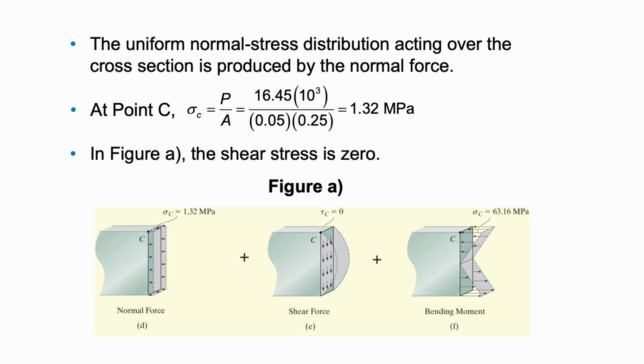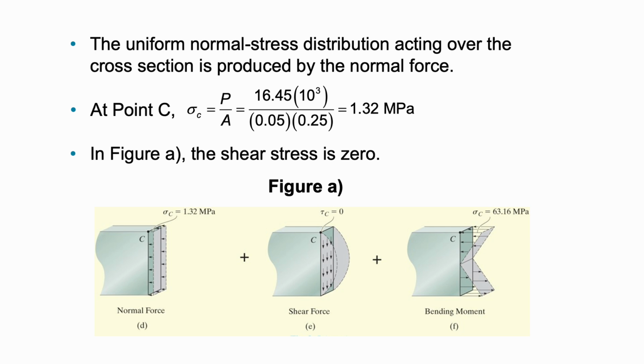We have the cross section. For the cross section, we have that area is 50 millimeters times 250, or 0.05 times 0.25 meters. For the normal force, which will give us axial stress, sigma C is equal to 16.45 times 10 to the power of 3, which will give us Newton over meter square, and that is megapascal, 1.32 megapascal.